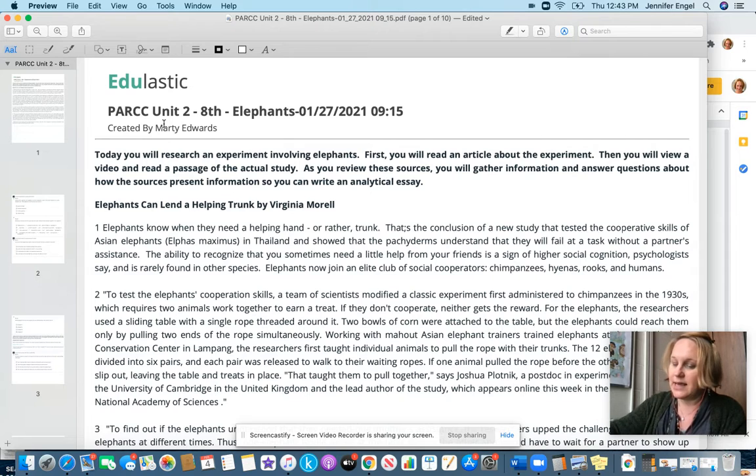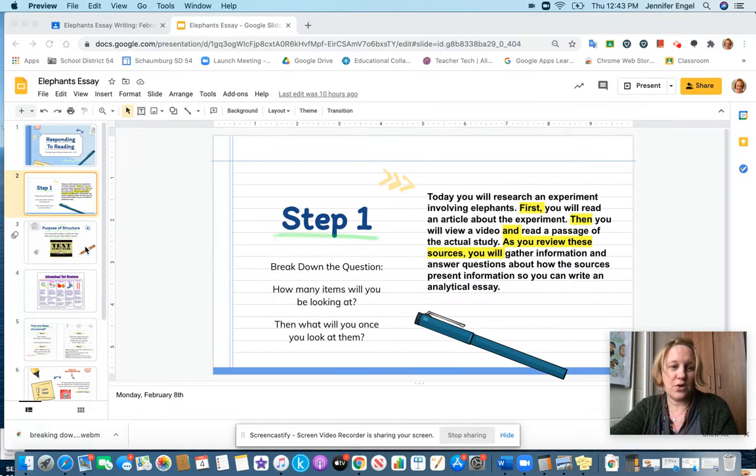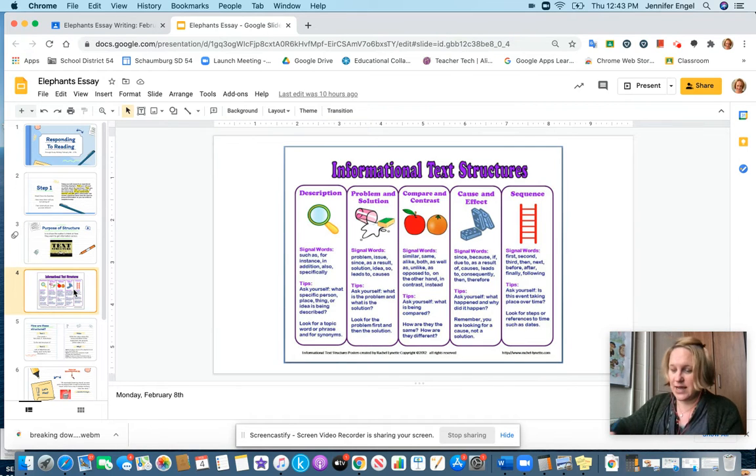But I can say that I remember from yesterday, Article 1 actually had two different kinds of text structures. So I'm going to go back and I'm going to look at this. If you remember my video yesterday, I'm just going to put CE, which stands for cause and effect. And then it had sequence.